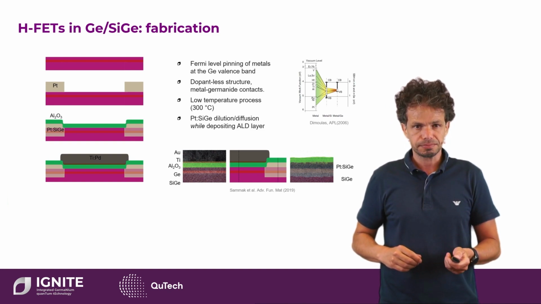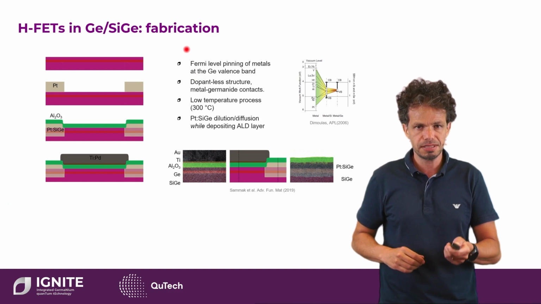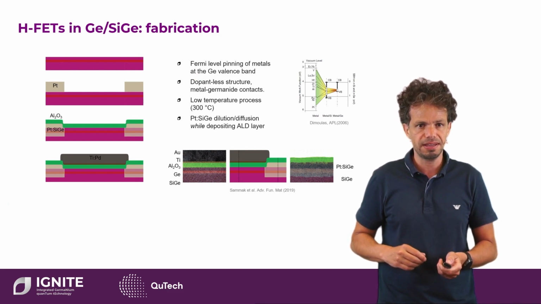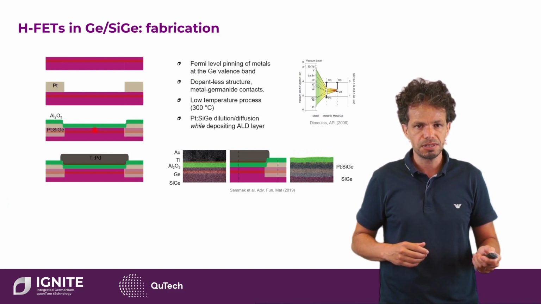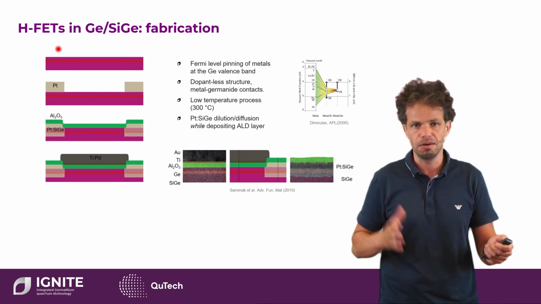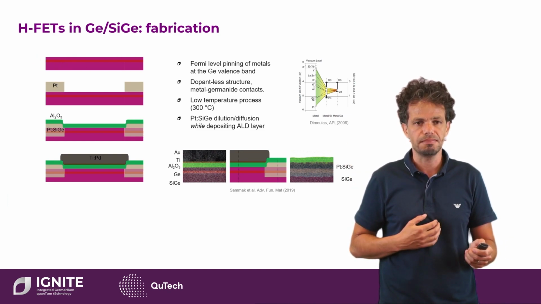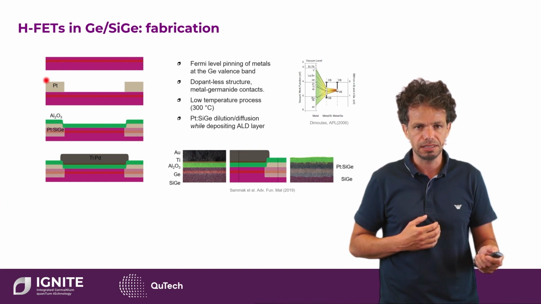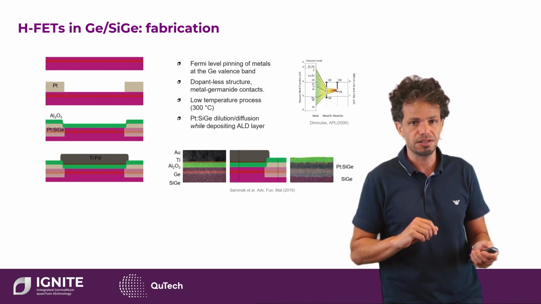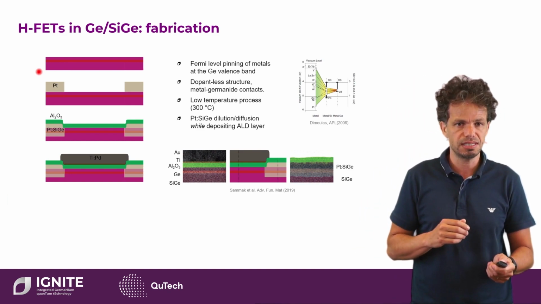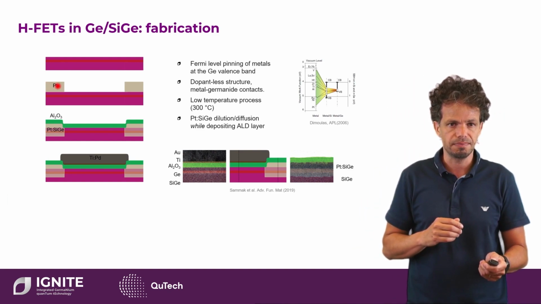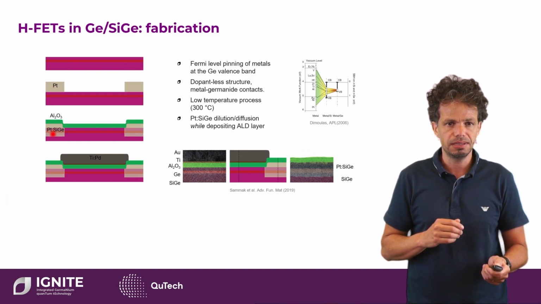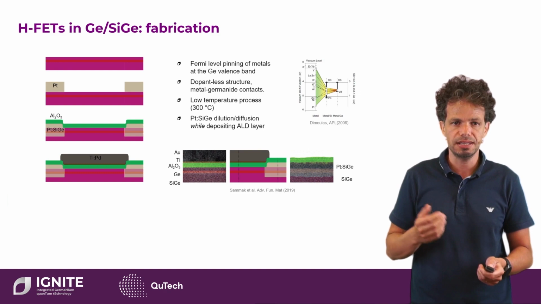So here you can see the steps to fabricate an HFET in the shape of a Hall bar. So we start from a heterostructure that was grown by RPCVD, as I said before. Then what we do is we put down ohmic contacts. Now the beauty of this germanium platform is that you can put simple metallic ohmics, in this case platinum, and by annealing them in the material, you will form germanosilicides.